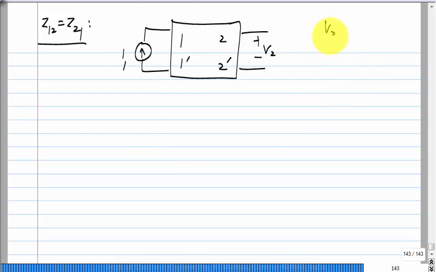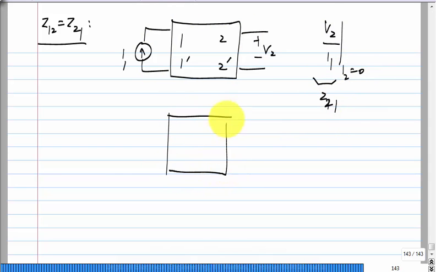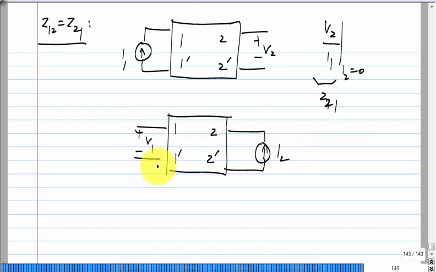So, here we are measuring V2 by I1 with I2 equal to 0, basically Z21, and that ratio would be the same as if you applied a current here and measured V1 with port 1 being an open circuit. This is Z12.